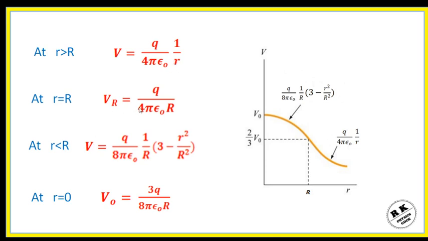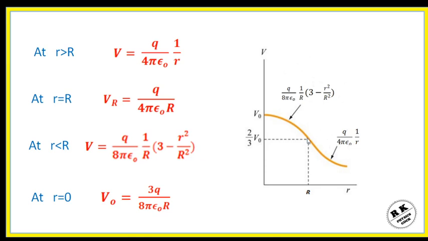On the surface it is constant, but inside the boundary, inside the distribution, it is maximum at the center. As we move away from the center, it slowly decreases.